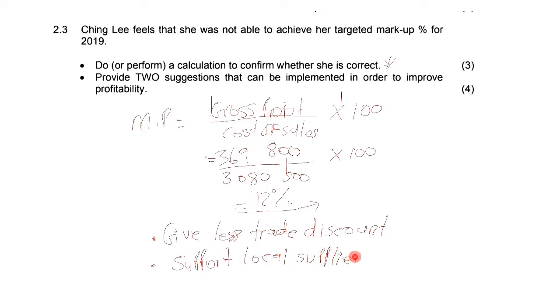So basically, guys, the theory is up to you: whether you say give less trade discount to customers, or support local suppliers to get cheaper products, right? That will minimize your expenses.